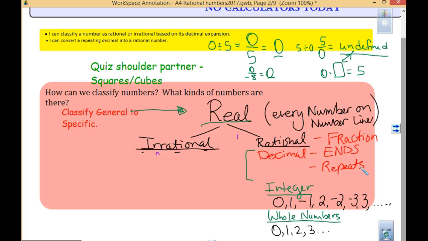On Friday, we're going to talk about this last category, which is my irrational numbers. My irrational numbers, when I think of those, are decimals that cannot be written as a repeating decimal, so decimals that do not repeat, and they never end.